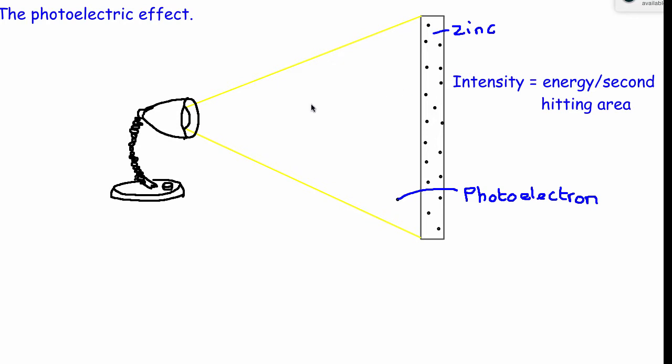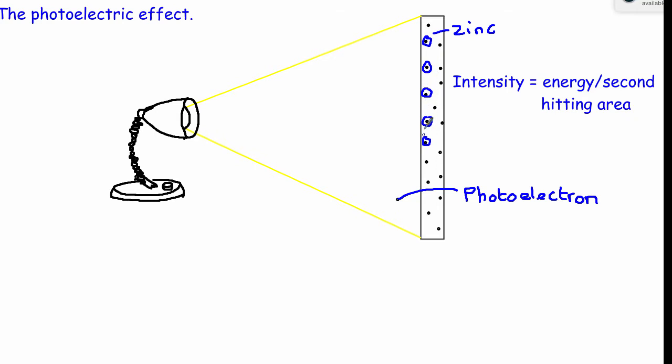So what they thought is, right, okay, we've got this energy that's constantly being given out, and the energy is spread out over this whole surface, and this part of the surface and this part of the surface, because the energy is spread out over all of it, every single bit of the surface receives the same amount of energy. So you could imagine that, for example, this electron here and this electron here that's inside the metal and this electron here that's inside the metal and so on are all receiving the same amount of energy.